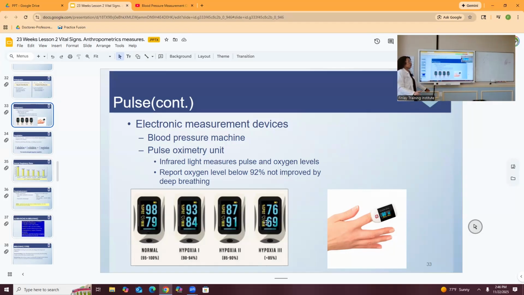Now, if you see a patient with 76 percent oxygen on the pulse ox, and the patient is having really deep, heavy breathing, like the patient is in distress, that means this patient is not having normal vital signs, and it is reflected in that percentage being so low.